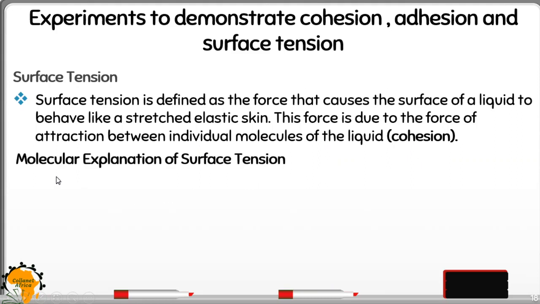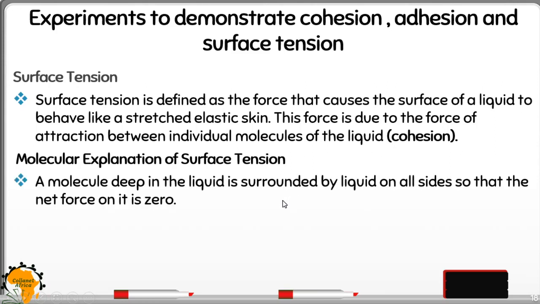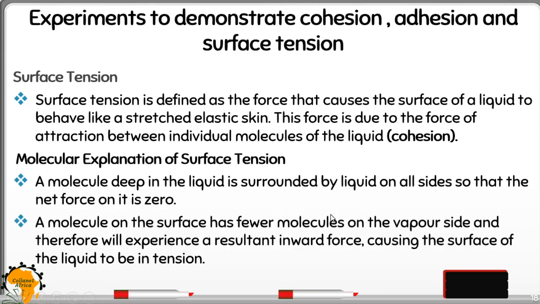We can have a look at the molecular explanation of surface tension. I want us to consider water in a beaker. Water is made up of molecules. So a molecule that is deep inside the beaker is surrounded by other molecules. It's like when you are seated in a row and you are in the middle, you find that you are surrounded by other students.